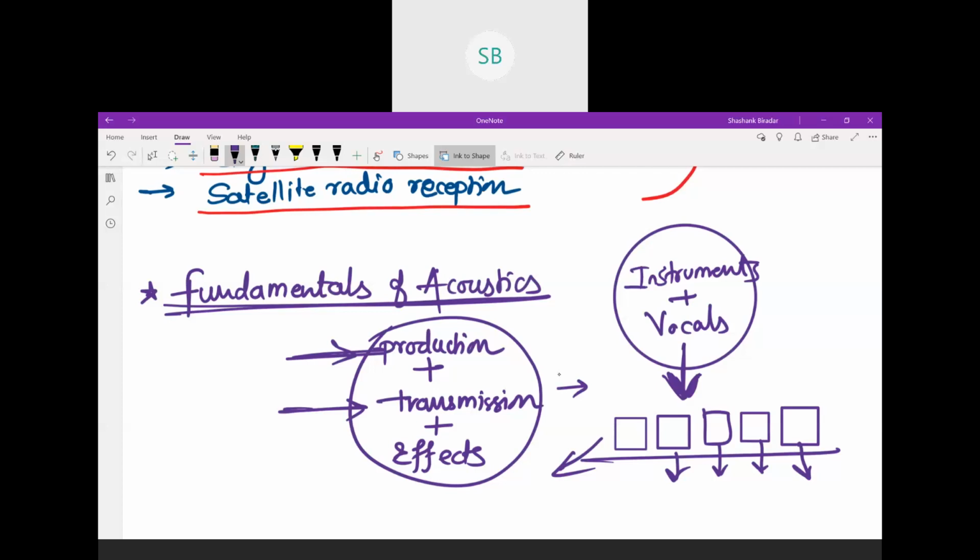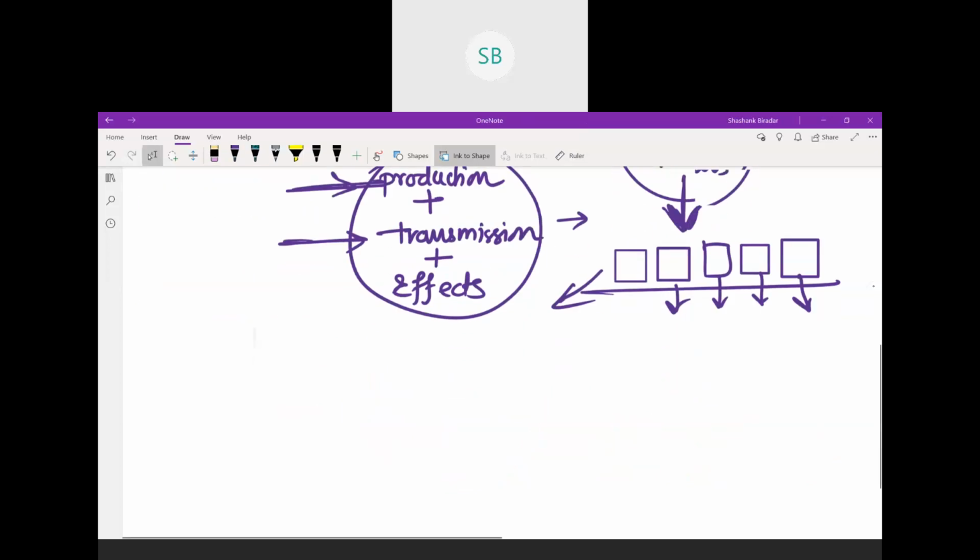So basically it is the basic concept of designing of sound, its transmission, along with the effects. These things are very important as far as the definition is concerned.